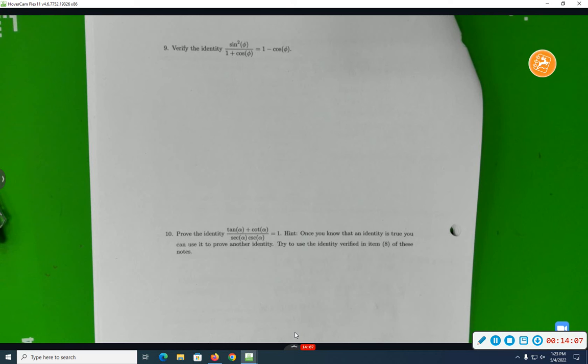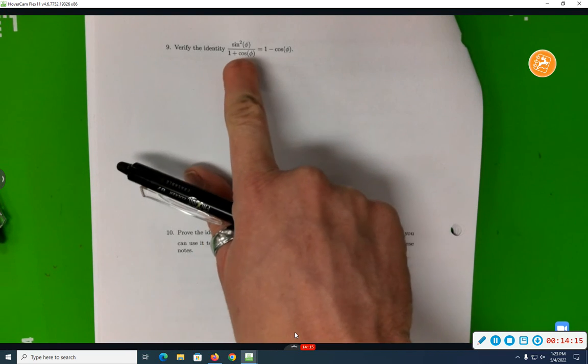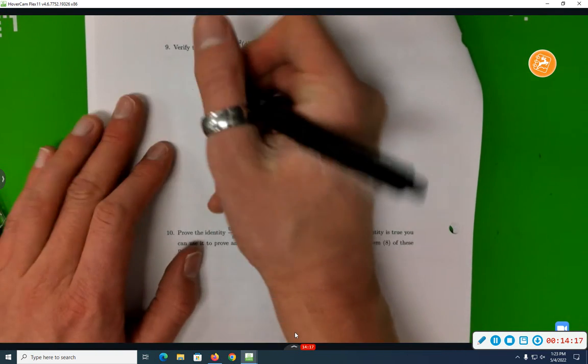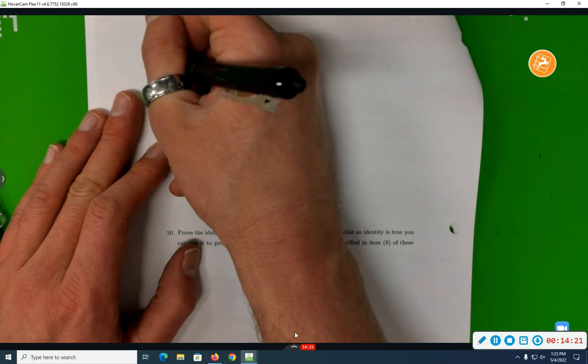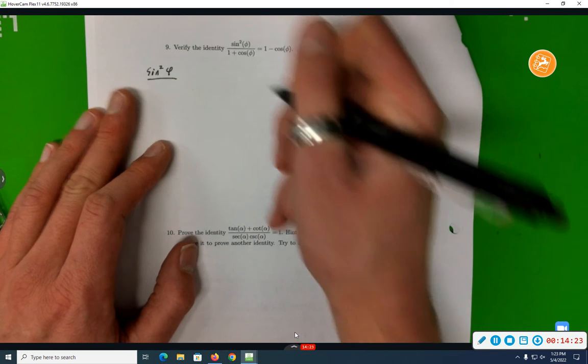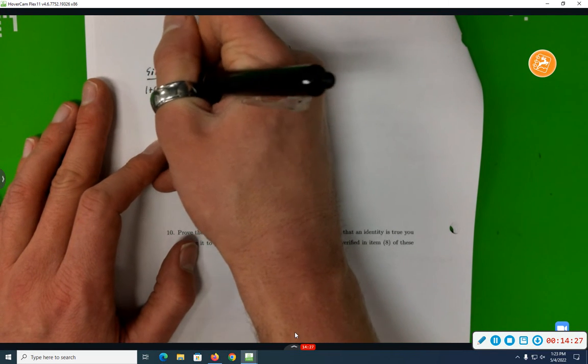Cool. So let's try just one side, and we'll see what happens. So, I guess the one side is this side. So let's start with that side. Sine squared phi divided by 1 plus cosine phi is the thing that we want to study.